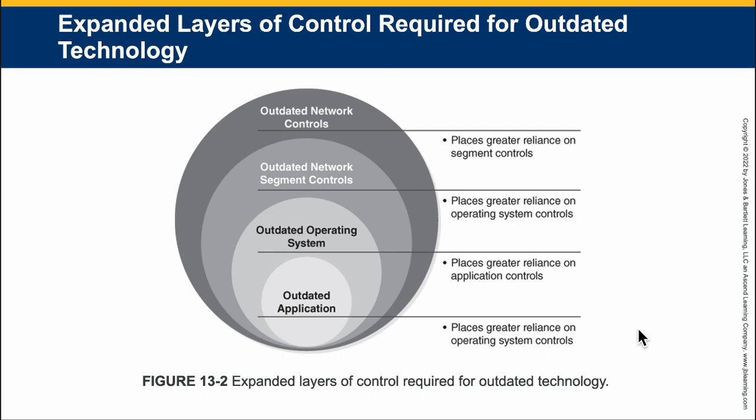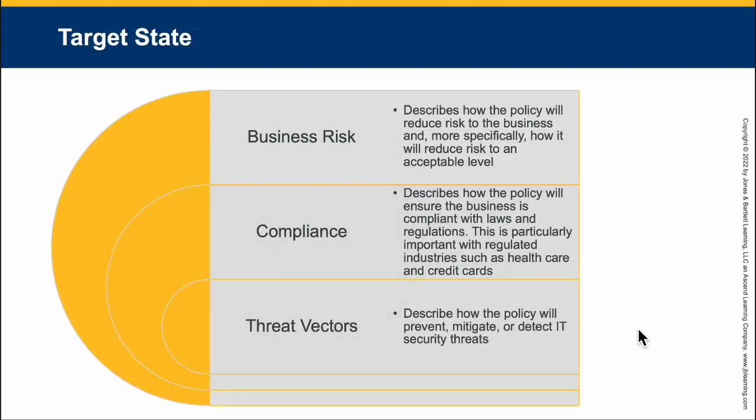Target state, divided by 3. We have business risk, compliance and also threat vector. Basically it is to reduce the business risk to an accepted level. In this case, for example, if one of the PCs is compromised, what's the level? Is it 1 out of 10 or 1 out of 100, things like that.